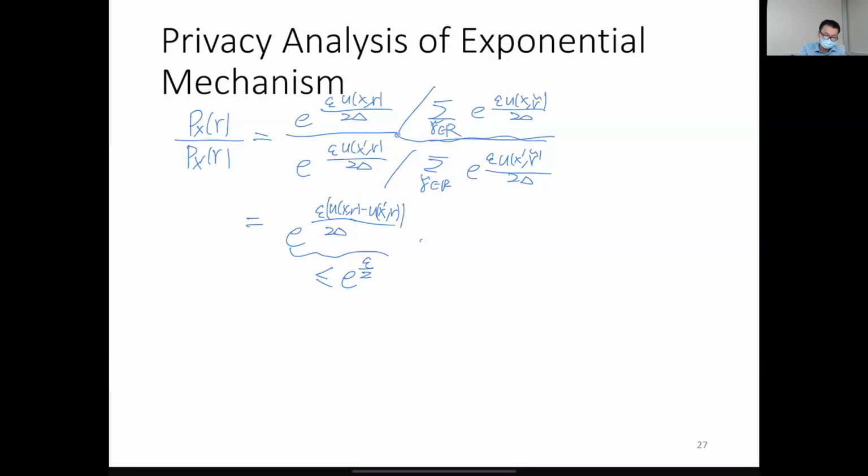Now, for the second term, we'll deal with this one. Flip this to the numerator. So we'll have the sum over r tilde in the range space of e to the power of epsilon u(x prime, r tilde) over 2 delta. I'm going to subtract u(x, r tilde) and then add it back.